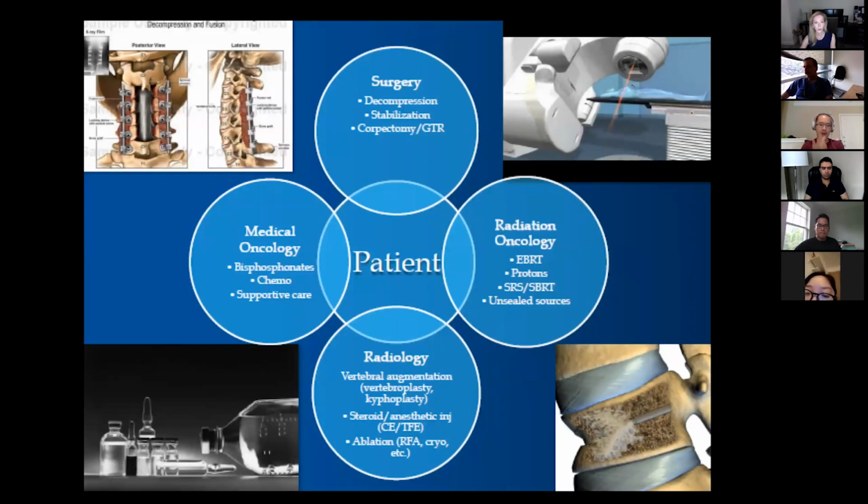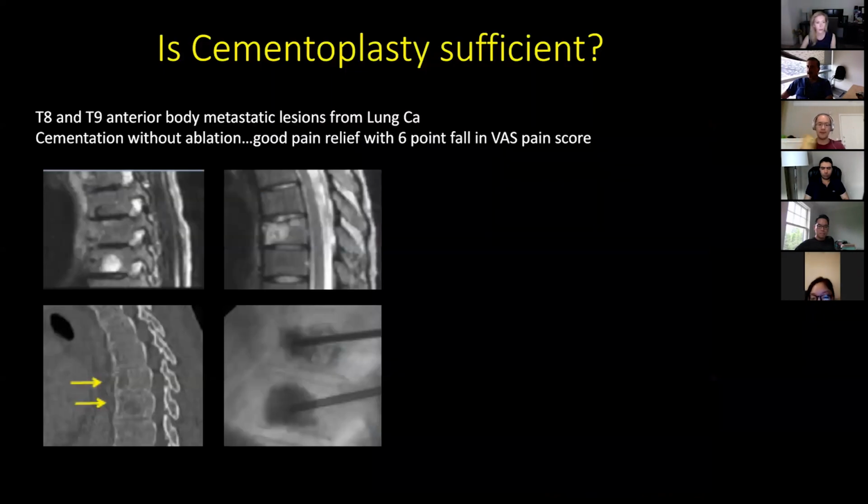Patient with spinal osseous metastatic disease, you have all these options available for the patient, from surgery to rad-onc to med-onc. And as I said, now with radiology also coming in the mix. This is a question I get quite frequently whenever I present at national meetings: why not only cement?